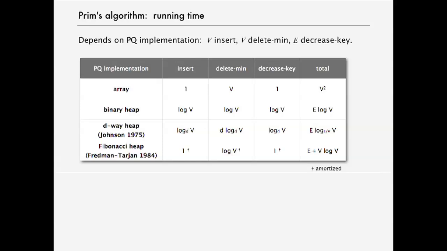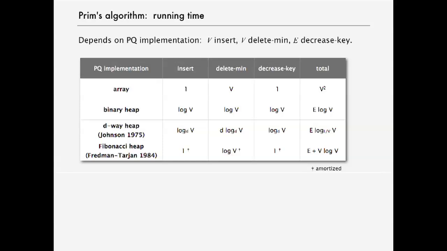So there are modifications that you can make to this that give a more efficient running time. For example, one easy thing to do, since the operation we're performing most often is the decrease key, is to use a multi-way heap, like say a 4-way heap, or in general a d-way heap. That reduces the cost of that operation, and it slightly increases the cost for insert and delete min, but there are not many of those.